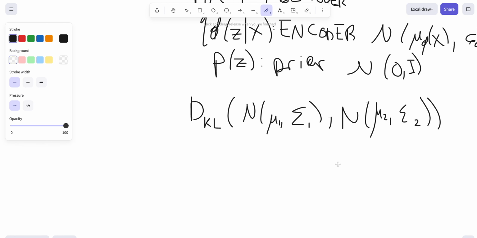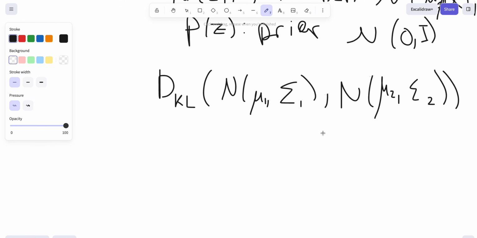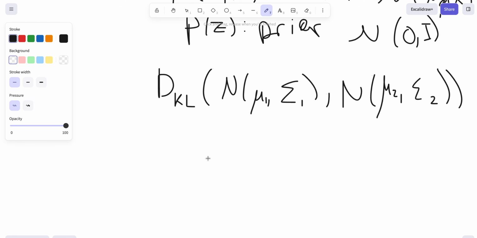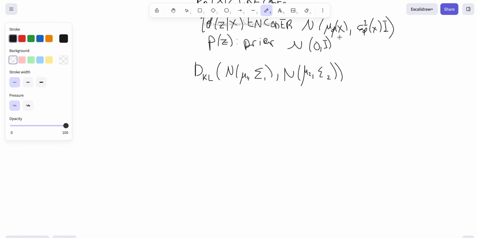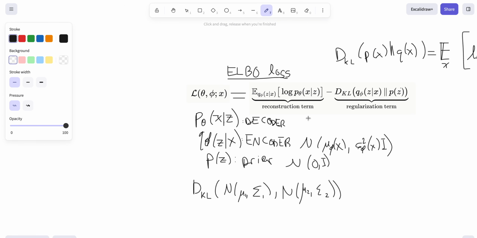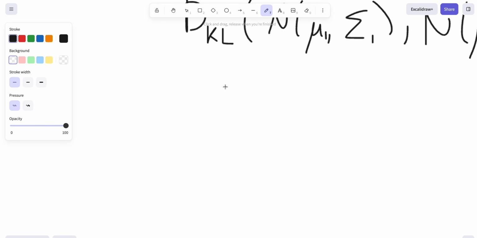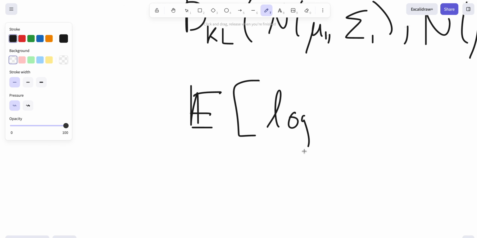In deriving this, as I showed previously, this is the formula for the Kullback divergence, and we can write it as the expected log of our first normal distribution.